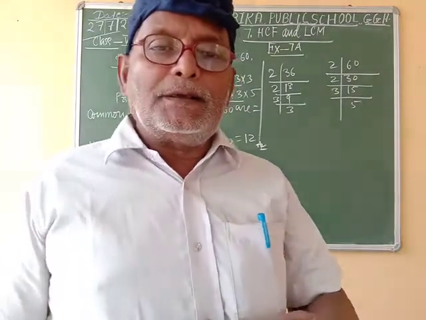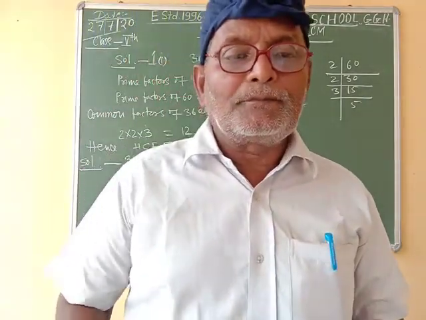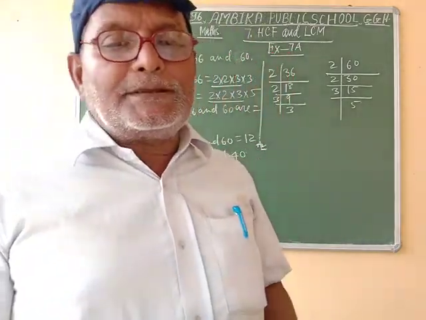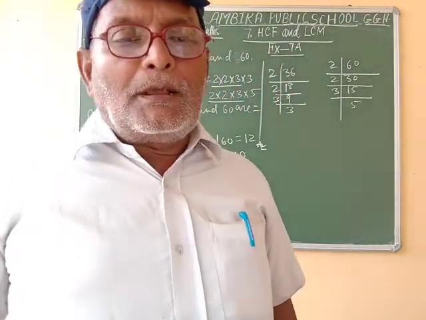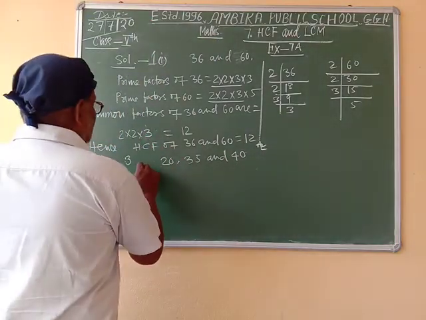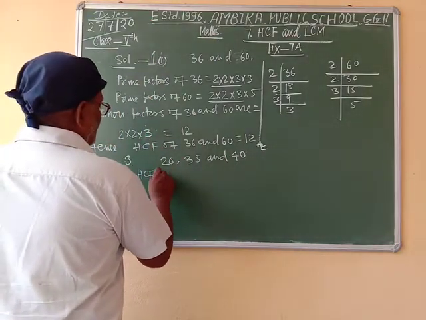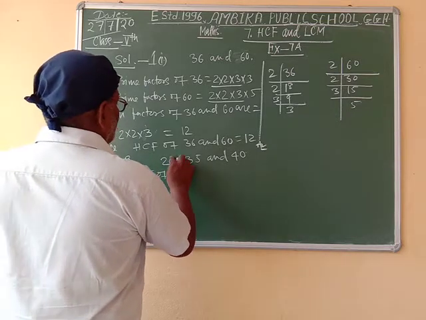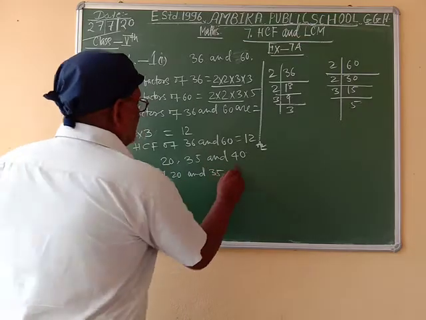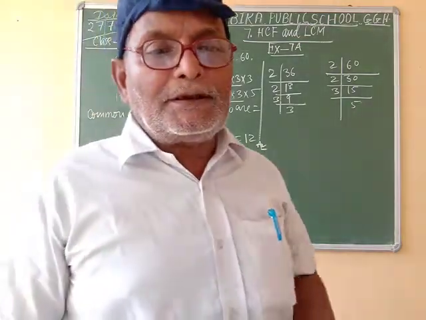To solve by the continued division method, first of all, we find the HCF of 20 and 35 by the continued division method.